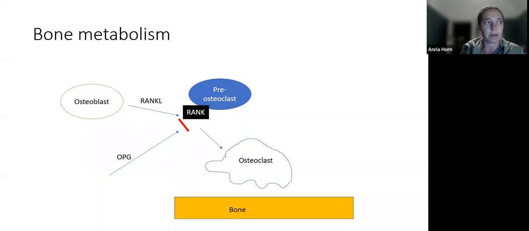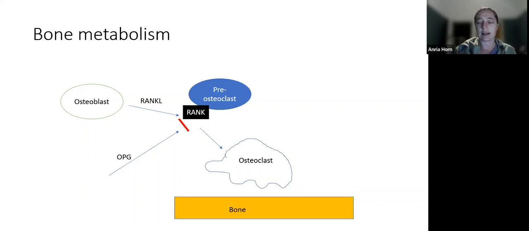RANK stands for receptor activator of nuclear factor kappa B, and RANKL is the ligand. Osteoblasts secrete RANKL, which binds to RANK on the pre-osteoclasts, and RANK then converts the pre-osteoclast to an osteoclast, and the osteoclast can function.